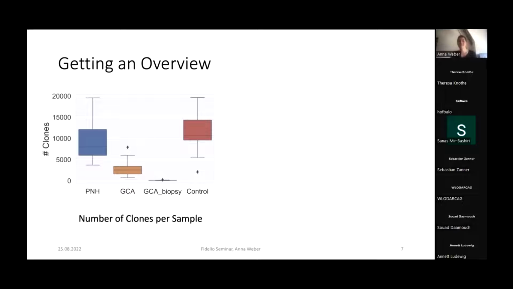And so this is an effect that we're observing that I think is very likely to be traced to age. However, what we also see is that in the biopsy, the number of clones is even more significantly lower, a lot lower compared to blood. All the other three are blood samples, right?